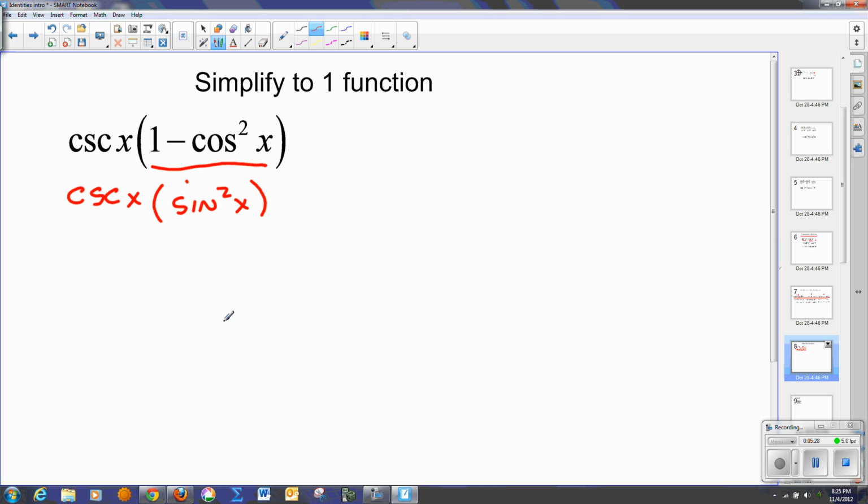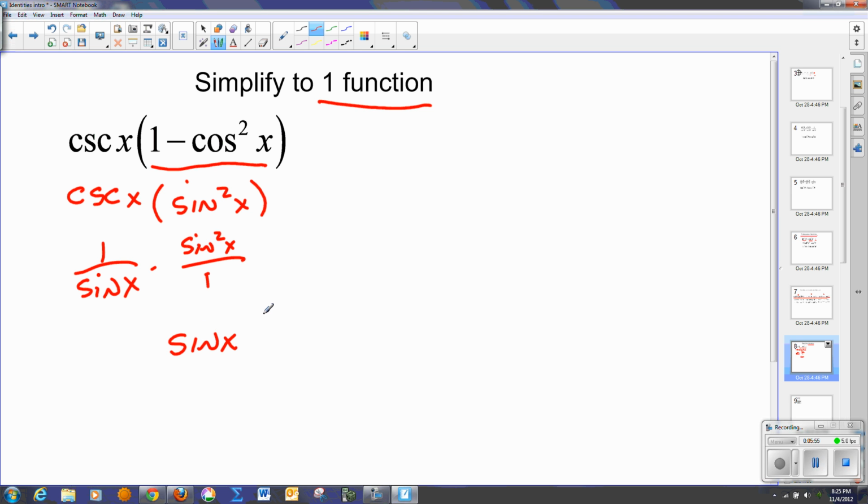Now, if I want to simplify this even more, it asks me to simplify this to one function, then I need to be able to reduce something. I know cosecant is 1 over the sine of x. Now, if I have 1 over the sine of x times the sine squared of x, and if it helps, I can put that over 1, I know that any like factor reduces, so I'm left with the sine of x.